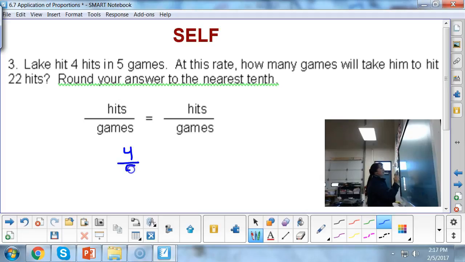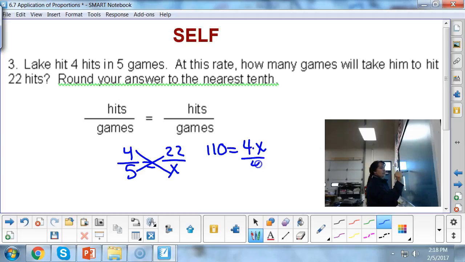So 4 over 5 is equal to, we want him to get 22 hits, and we want to know how many games that'll take. Okay, I'm going to cross multiply. 22 times 5 is 110 is equal to 4 times x. I'm going to divide by 4.